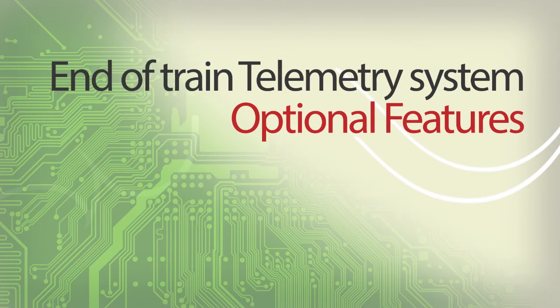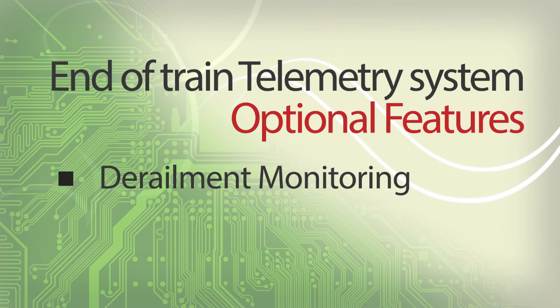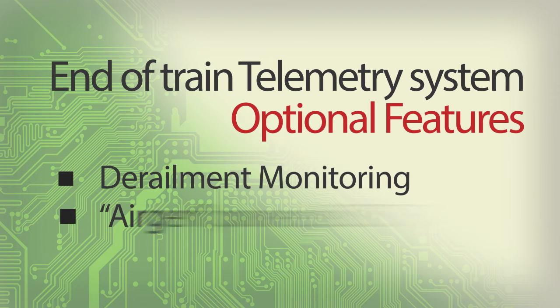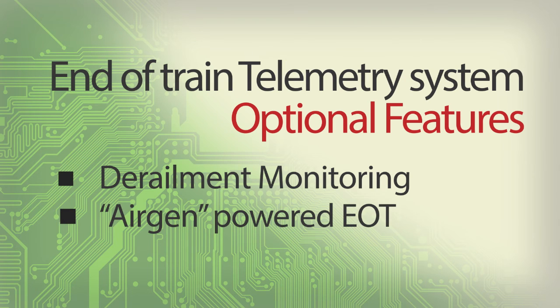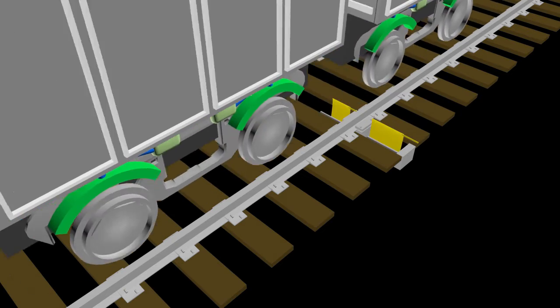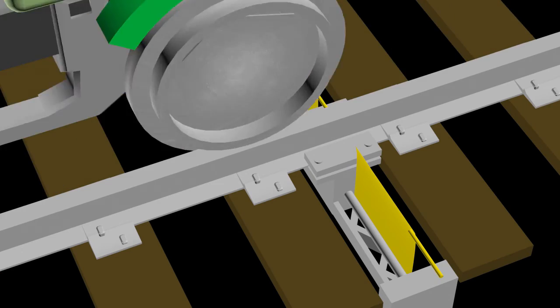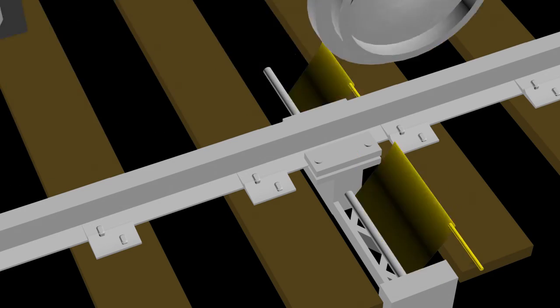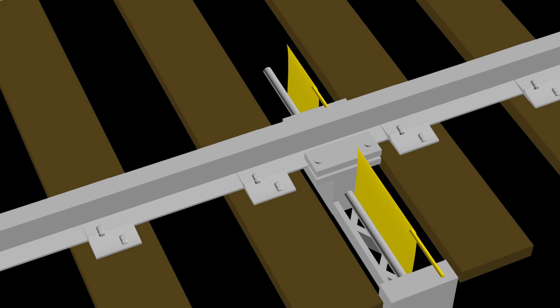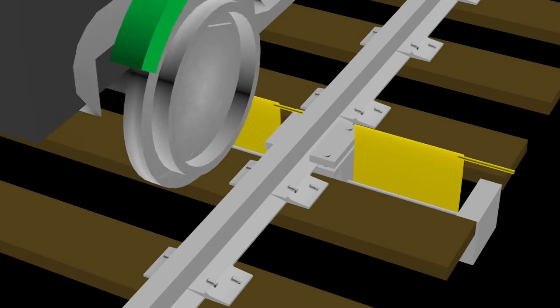The following optional features can also be included in the end-of-train telemetry system. These are derailment monitoring and an airgen to power the EOT. Derailment is detected by installing derailment detectors, or DEDs in short, on the rail. They are placed certain distances apart.